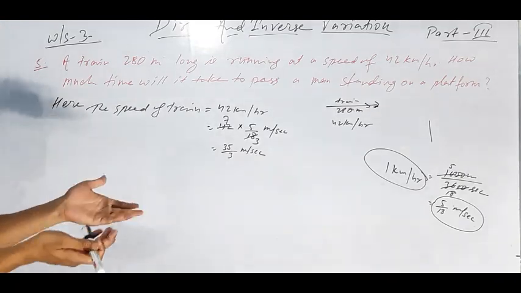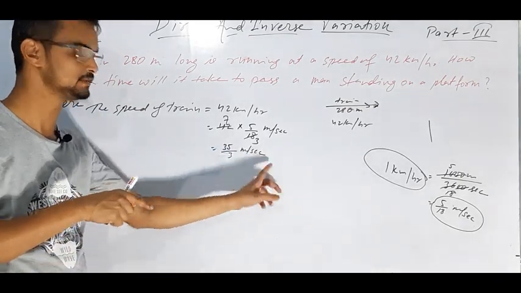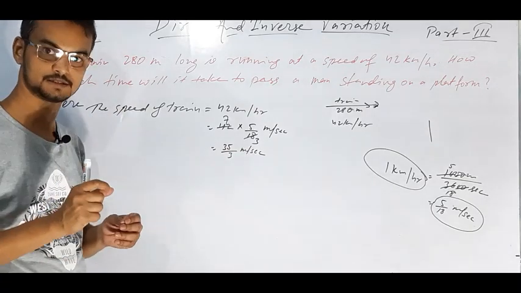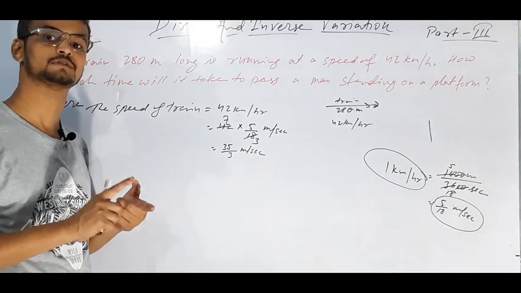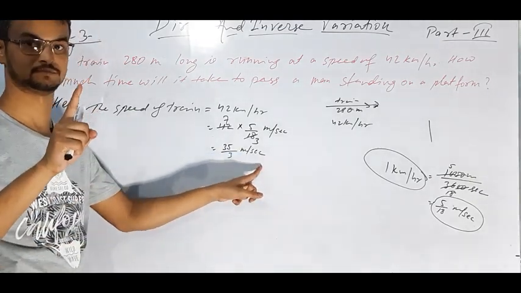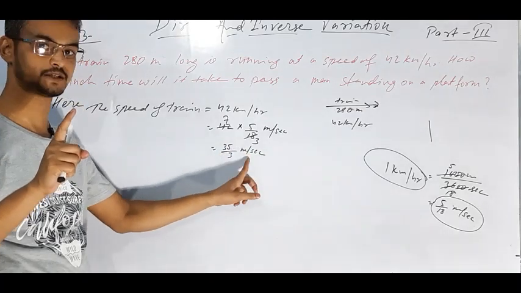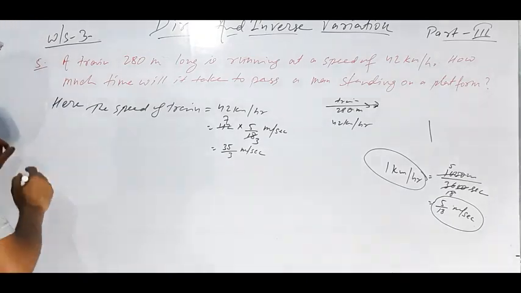Speed of the train is 35 by 3 meter per second. And what is the meaning of this 35 by 3 meter per second? That is, this train will cover 35 by 3 meter in 1 second. Is it clear?